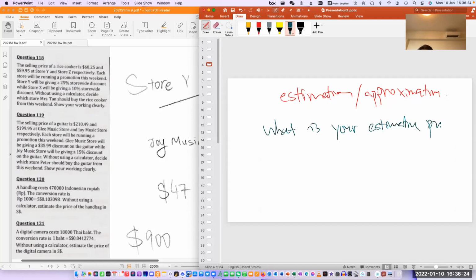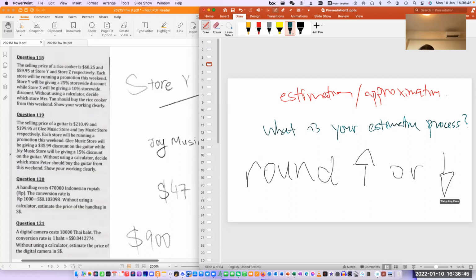Can you tell me how you estimate this? What's the logic? So you round up or down.